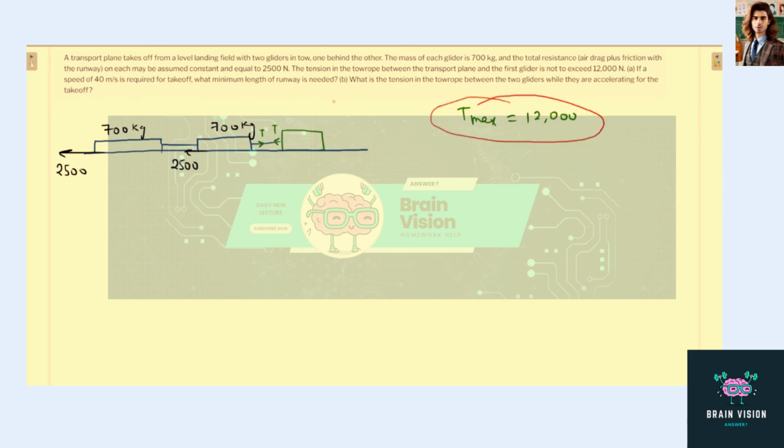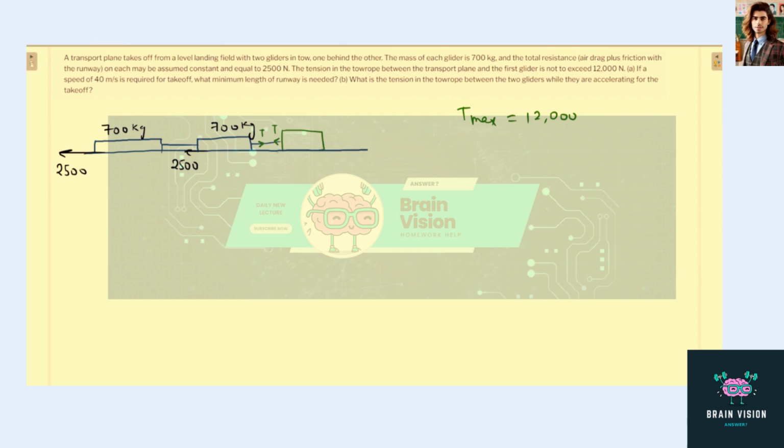That's why we take the maximum tension into account. Now we are going to form the equations. What is the minimum length they are asking for? So we have to set up the equations.